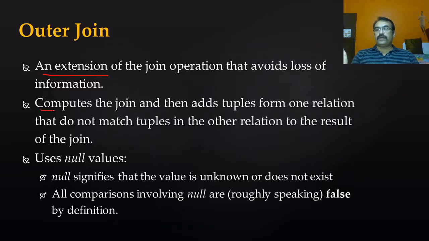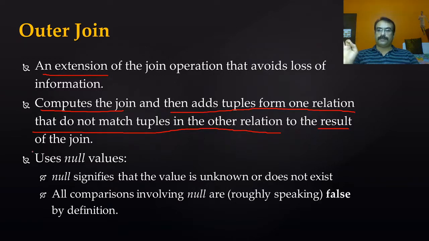So what we'll do in outer join: compute the join, then add the tuples from one relation that do not match with the tuples of the other relation to the result of the join. Okay, the way we do in union, if you remember, we present all the common ones first and all the remaining tuples.